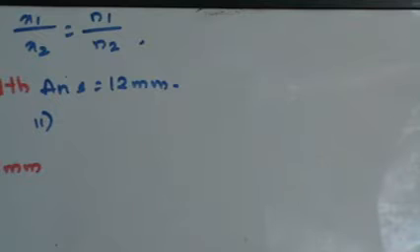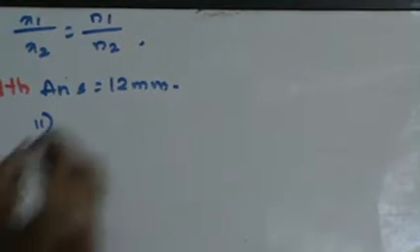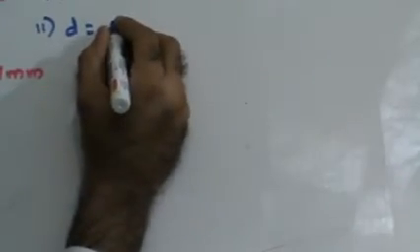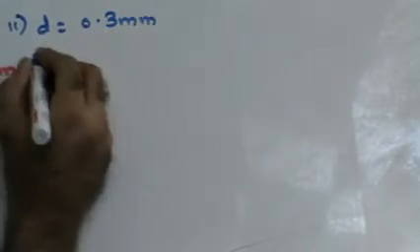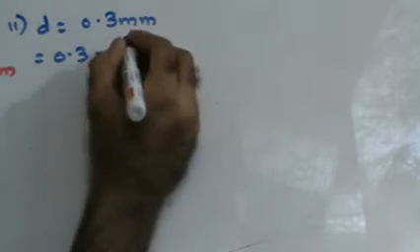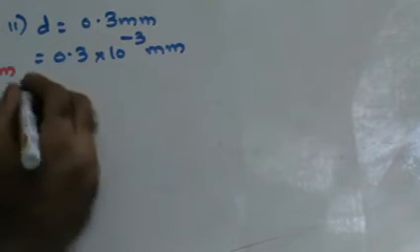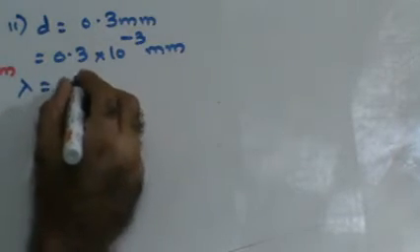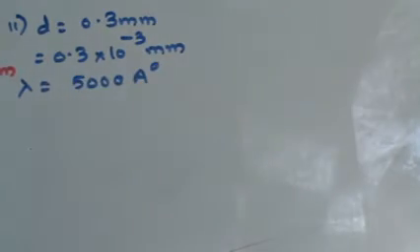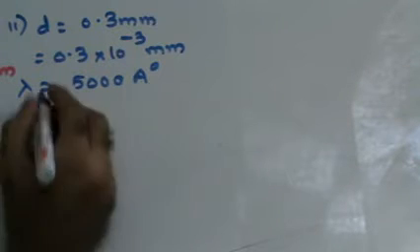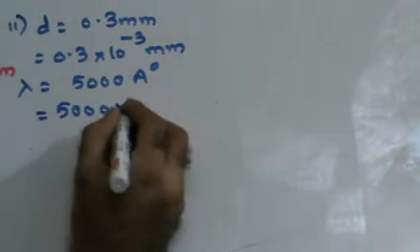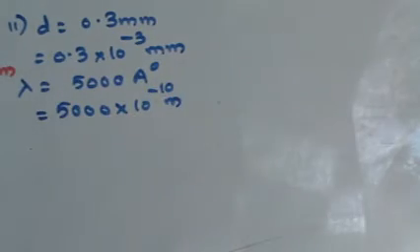In an interference experiment, the distance between the slits is 0.3 millimeters and a wavelength of 5000 Armstrong units is used.